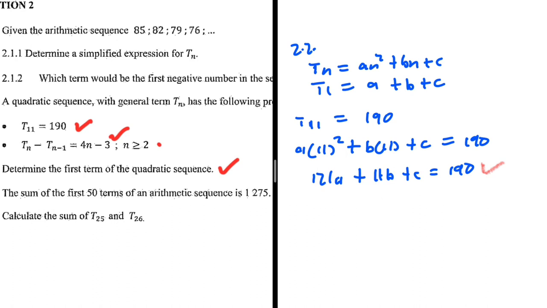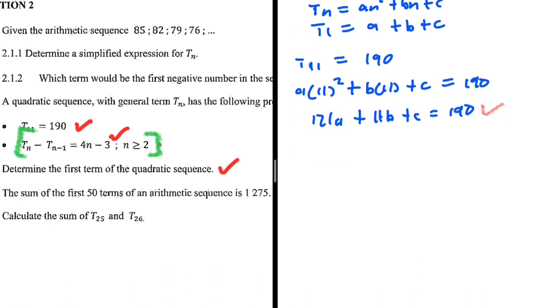The only other thing that we are yet to use is this statement here: Tn minus Tn minus 1 is equal to 4n minus 3 when n is greater than or equal to 2. So let's go ahead and use that. Like we have established, that is the difference of the terms in the quadratic sequence. So let's generalize.